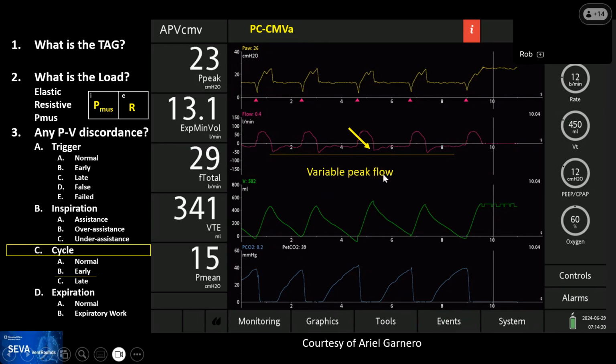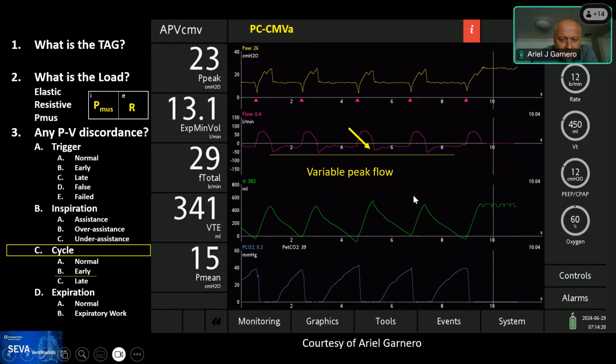So like I said early on, this is probably not a false trigger. This is just the P-mus extending into the expiratory time and then relaxing. So when it relaxes, then the expiratory flow increases. And so it might look like a false trigger, but probably not given all the other things that are going on.